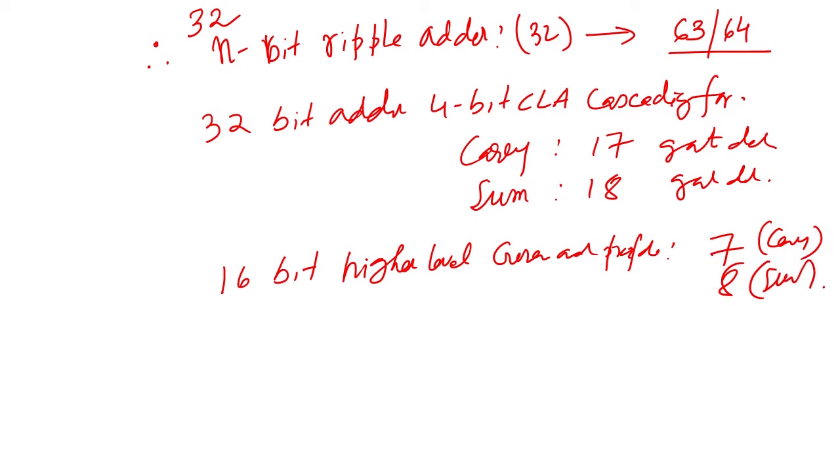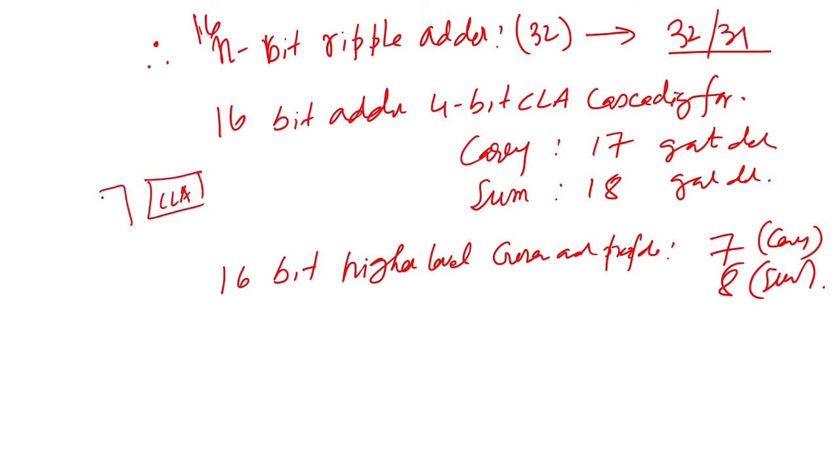So, now if you analyze for 16 bit here, this will change to 32 and 31. So, what will be here for 16? You calculate it. 16 means what? You need 4 CLAs.